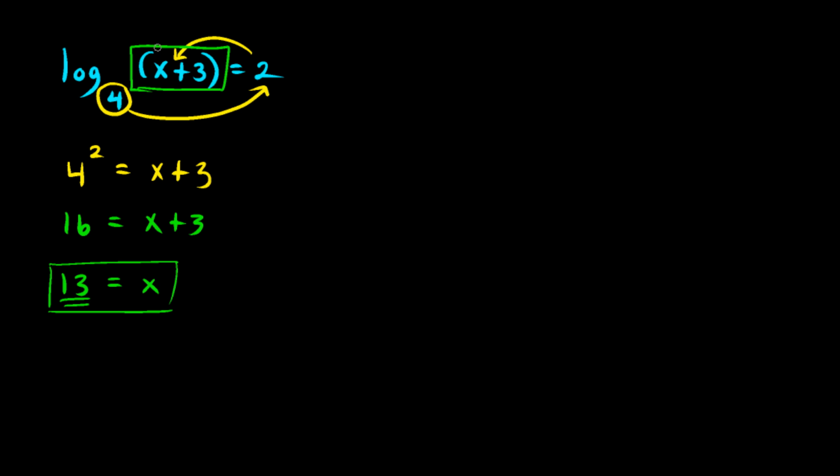But if I plug 13 in here, the problem would be fine, because it would then be log base 4 of 13 plus 3, which is 16, equals 2. This is okay, because that's positive. As long as that is positive, you're fine. So this solution checks out.